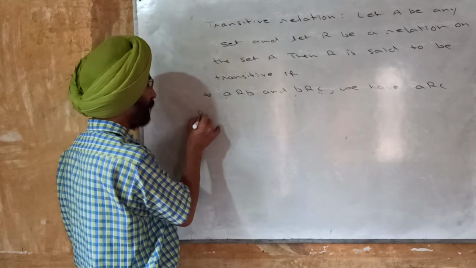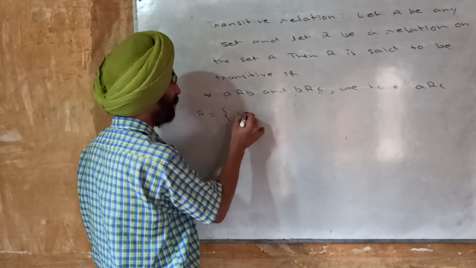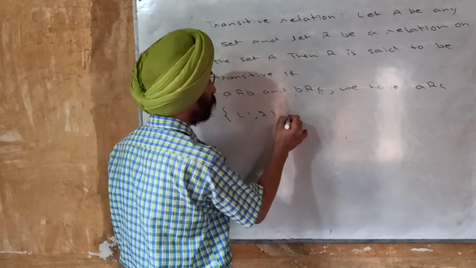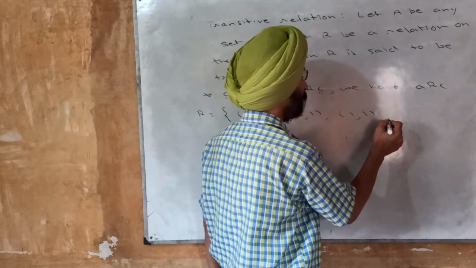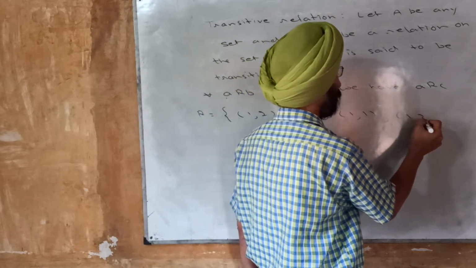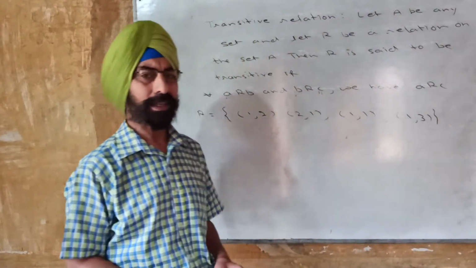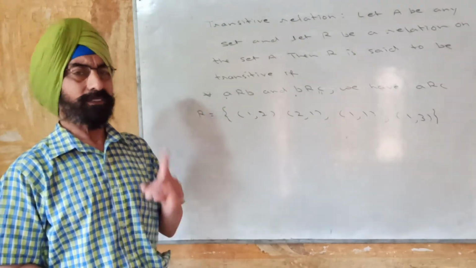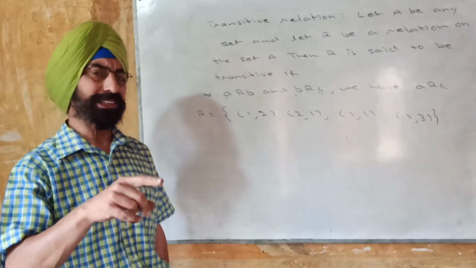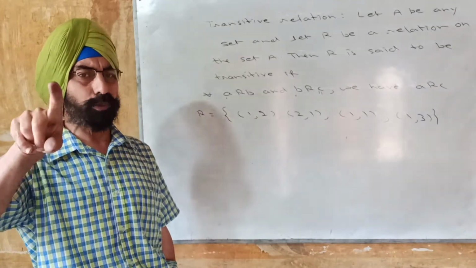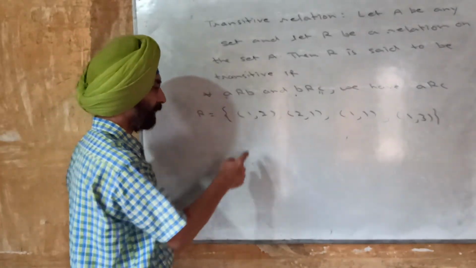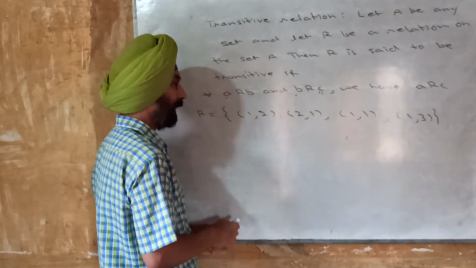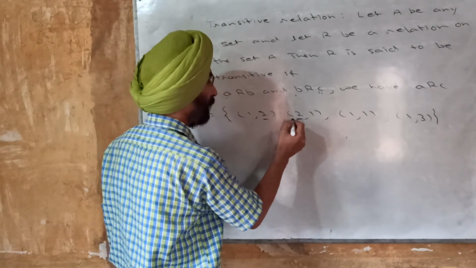So let R be a relation on a set A, which is (1,2), (2,1), (1,1), (1,3). I am taking this relation. Now, if A is related to B and B is related to C, then A must also be related to C directly. Let us see what is happening here. 1 is related to 2 and this 2 is related to 1.